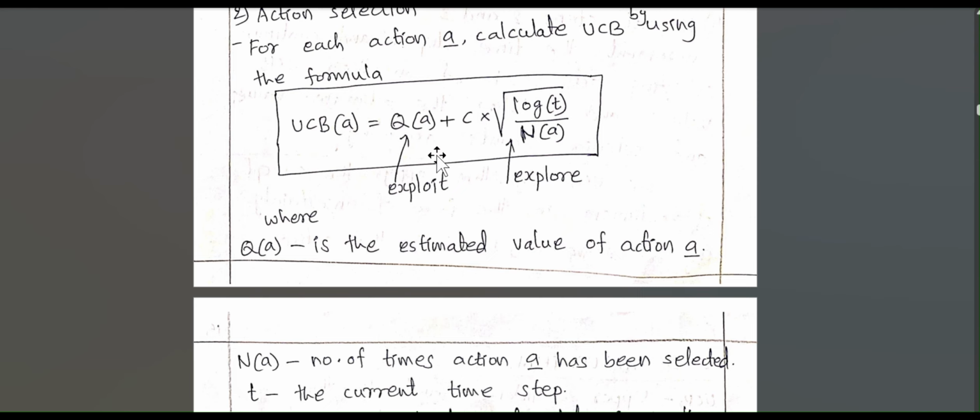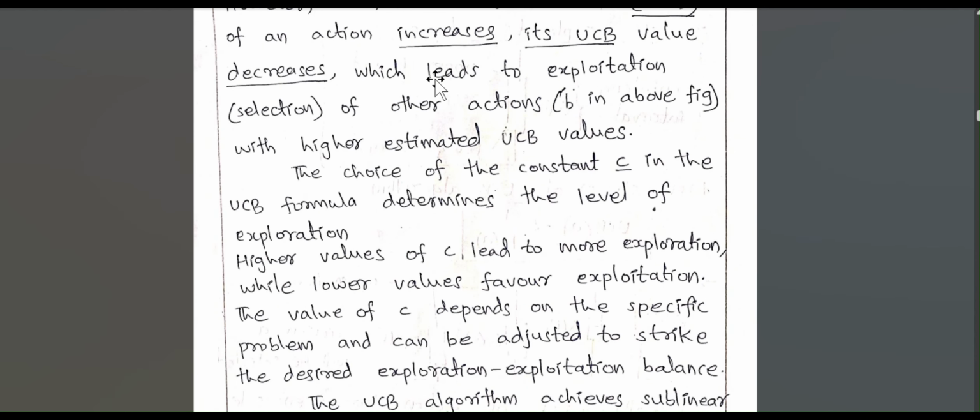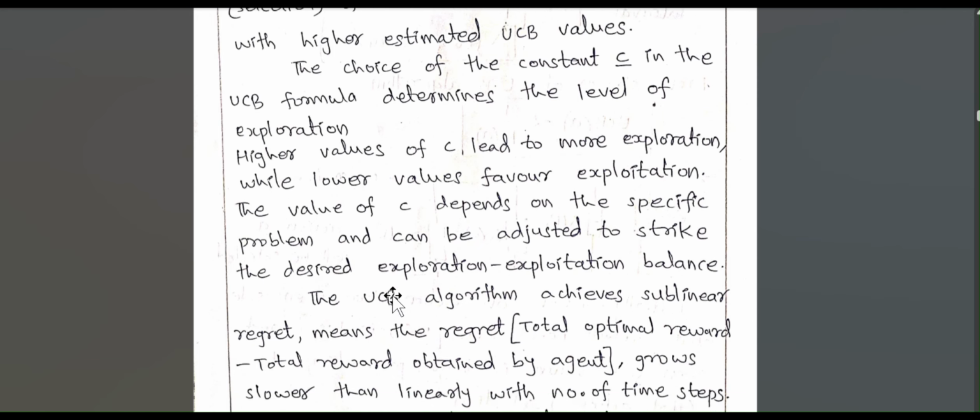If the value is lower, it leads to exploitation. Higher values of C lead to more exploration, whereas lower values of C favor exploitation. The value of C depends on the specific problem and can be adjusted to achieve the desired exploration and exploitation balance.